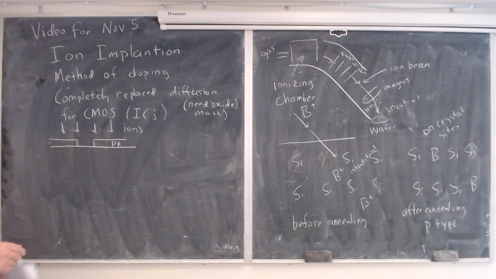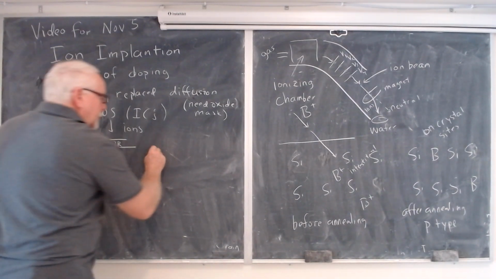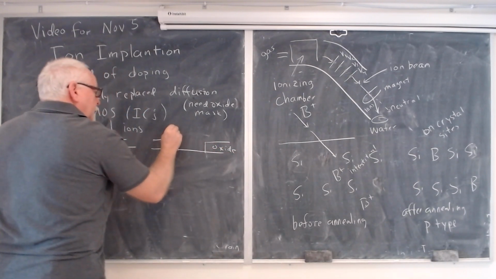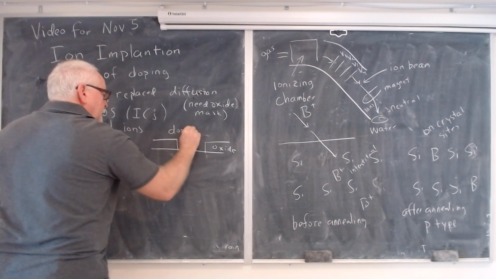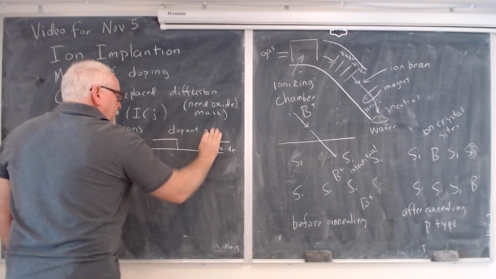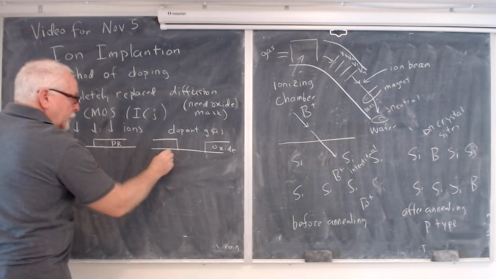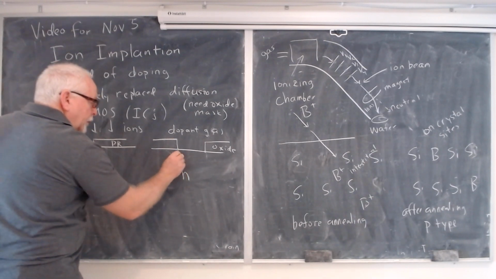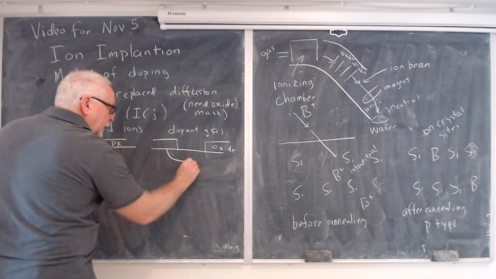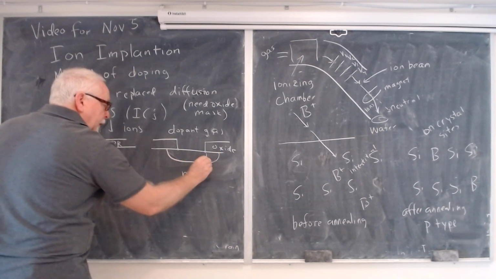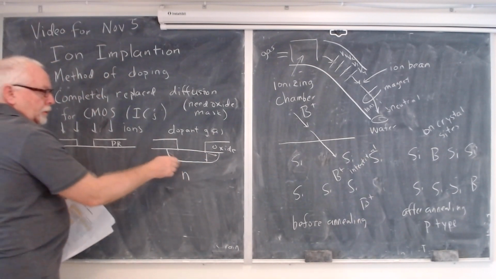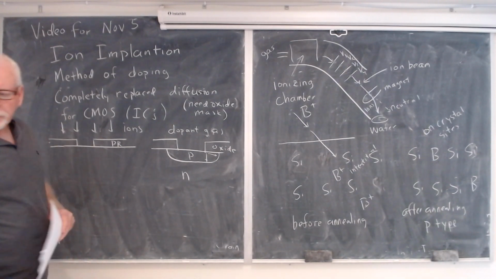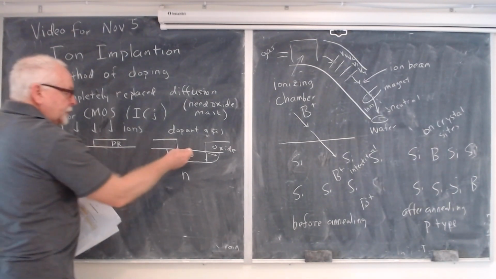The main reason you use ion implantation is because, let me put over here oxide, dopant gas. In diffusion, for example, if this was an N wafer and you were putting in P, you would get a profile like this, where the lateral movement of the dopant atoms equals the depth.